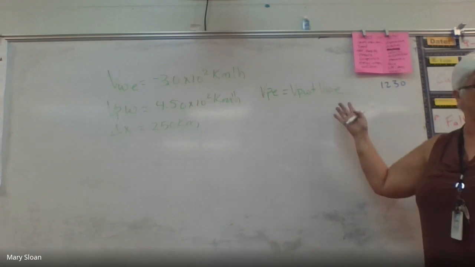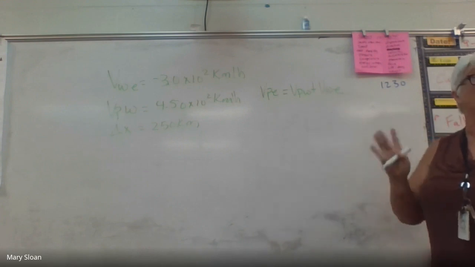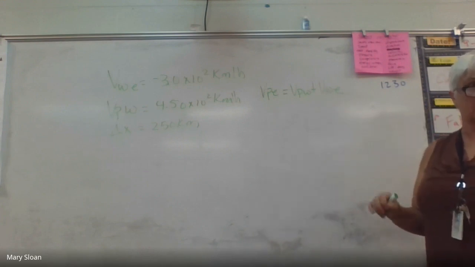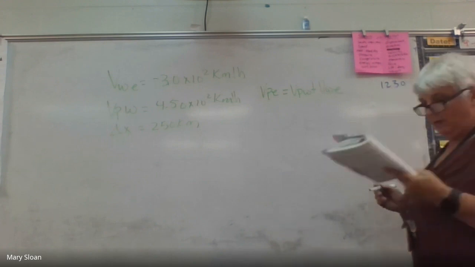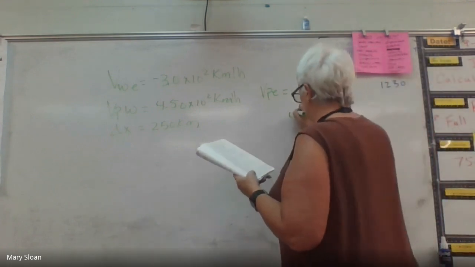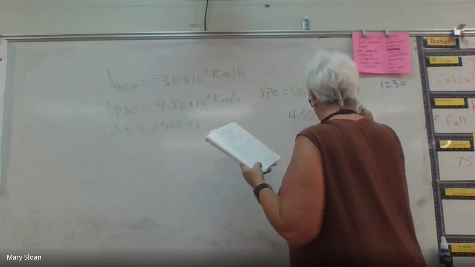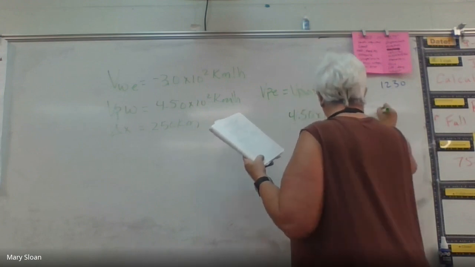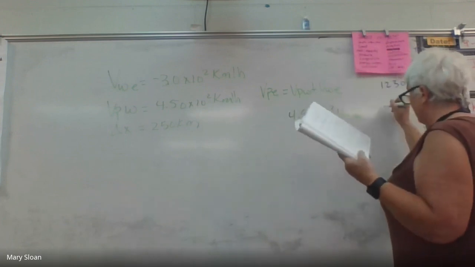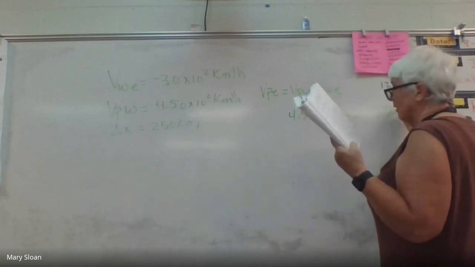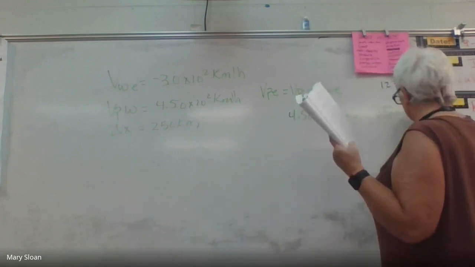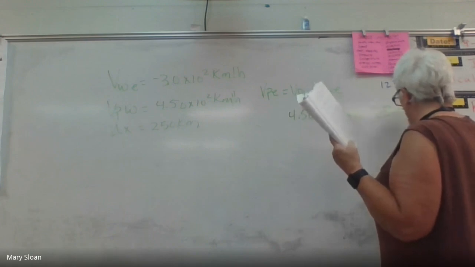We're adding, so we're not doing a square root. So the answer to that question is yes. Thank you. Okay, so 4.50 times 10 to the second kilometers per hour, and we're going to add that to our negative 30 times 10 to the second kilometers per hour.